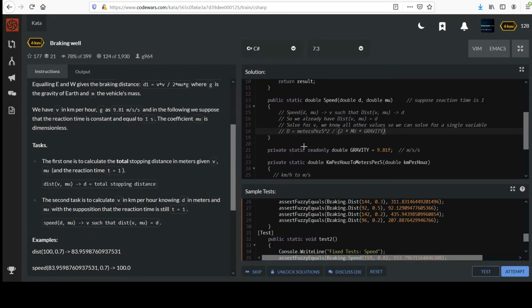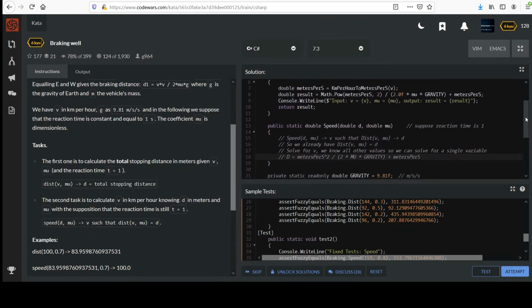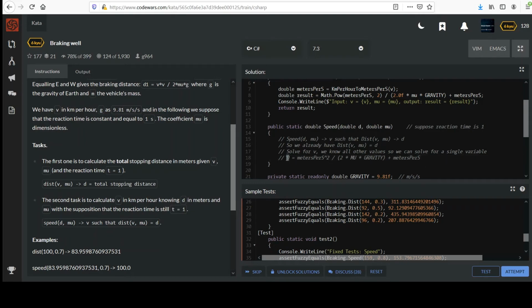And then we added another meters per second. If you don't recall that, remember, it's precisely this, right? And then we can solve this equation. I capitalized all of the variables that are known values at this time, and I left meters per second lowercase because that's what we're looking for. I was just hoping to highlight the fact that we only have one variable here, and we're going to solve for it.